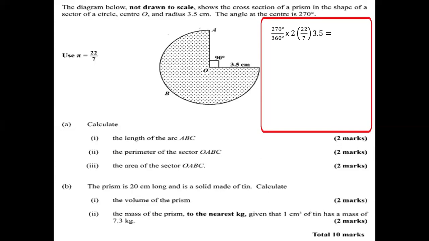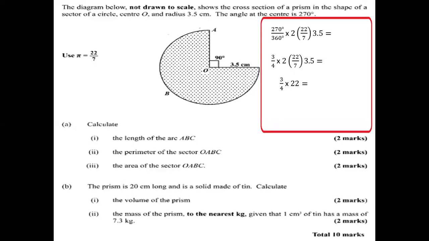So 270, if you cancel 90 both at the top and at the bottom, will give us 3/4 times 2 times pi times r. Now 3/4, 2 times 22 is 44 divided by 7 multiplied by 3.5 will give us 22. In fact, I don't have my cursor here to show you, but 3.5 can go into 7 2 times.